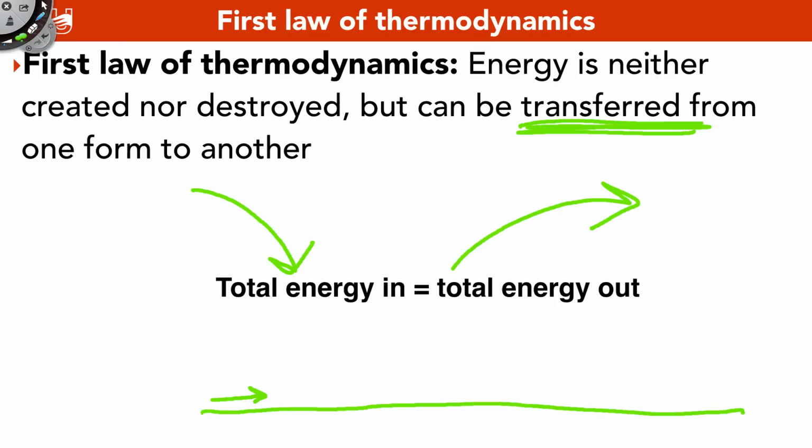The reason is that, think about this total energy out, as something's being propelled forward, you're going to have air resistance, you're going to have friction. So there are different ways that energy can be transferred from the system. It doesn't all have to go into motion, for instance.